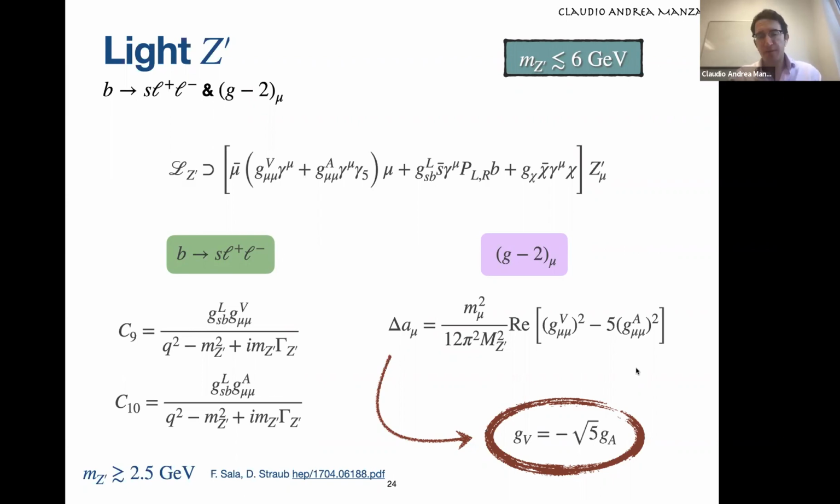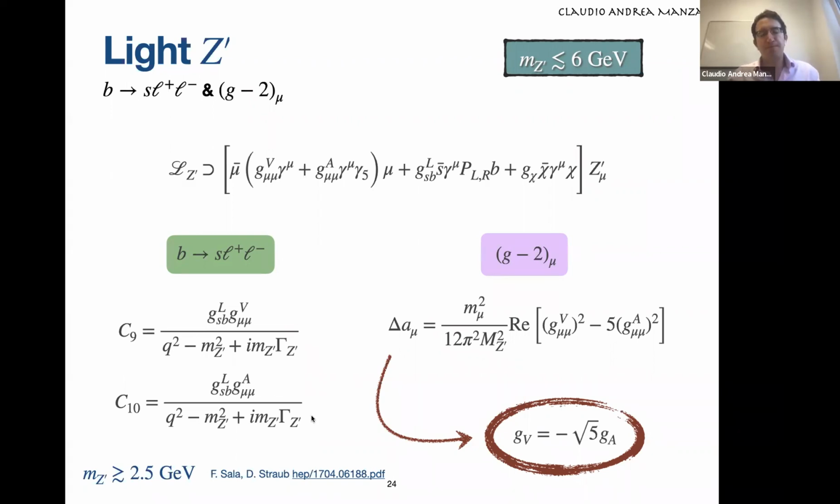So we preferred in our work to keep an agnostic position and just assume that our model gives the exact combination which does not give any effect in G-2 of the muon. This has no impact at all on our discussion for B2SLL.